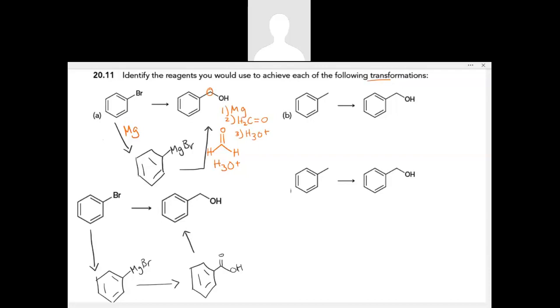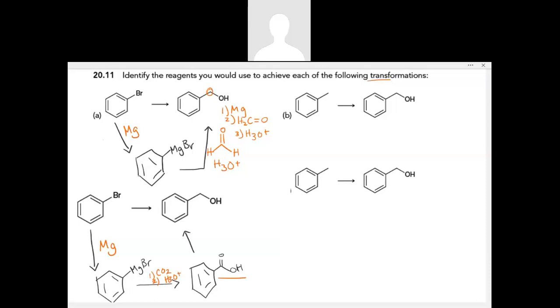We can also take the path shown below, which would have the first same step. So we would have Grignard reagent, and then to install that carbon, we could use CO2, and then in a subsequent step, treat with aqueous acid.